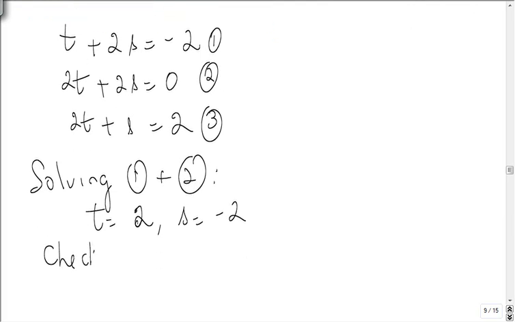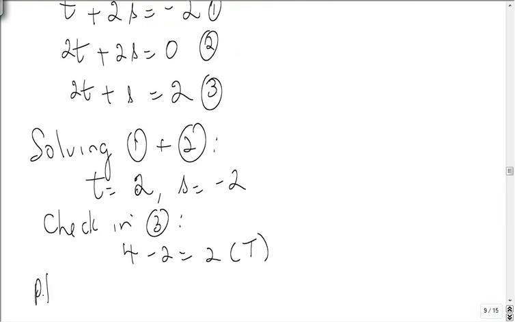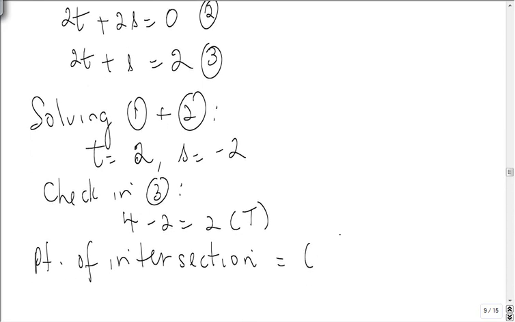And check in 3, it works, because 4 minus 2 is 2. So that's true. And so the point of intersection, you take any of these values for s and t, put it into the lines, and you will get 2, 5, negative 1. Any questions?